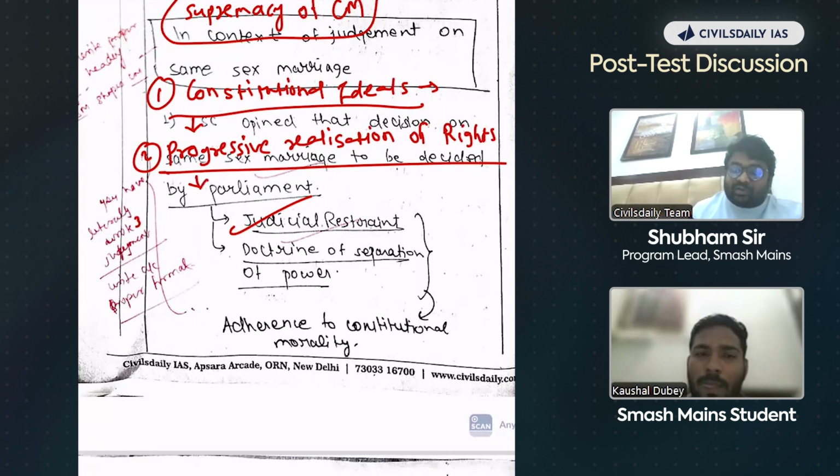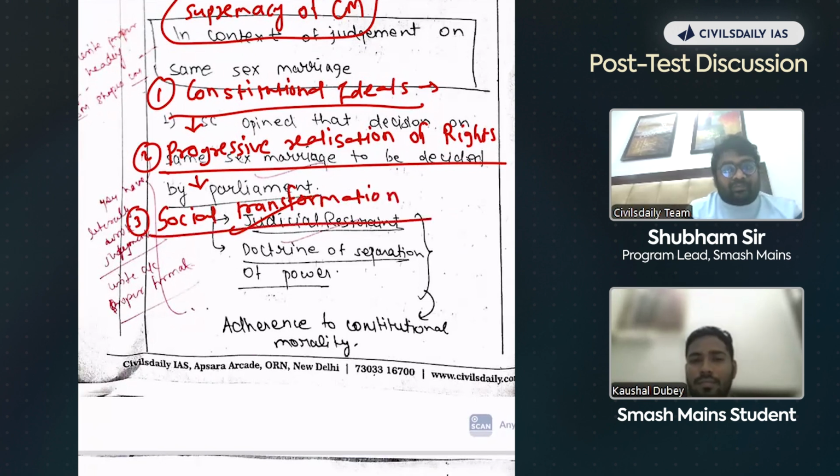And when there is progressive realization of rights, there is social transformation, social justice. Right? From traditional to modern. Okay? Then fourth, from this, you can have an egalitarian social order.